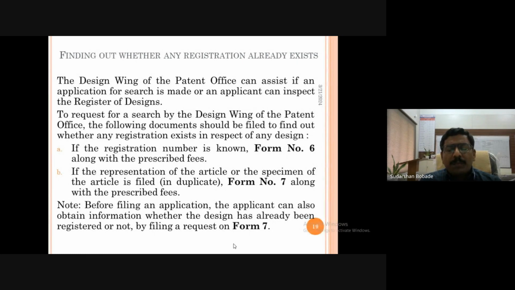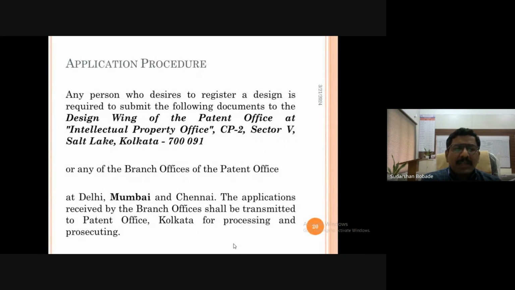Likewise, form number 6 and form number 7 are nothing but the chargeable forms with which we can request the IP office at Kolkata to kindly share with us the granted or in-process design patents for further verification.